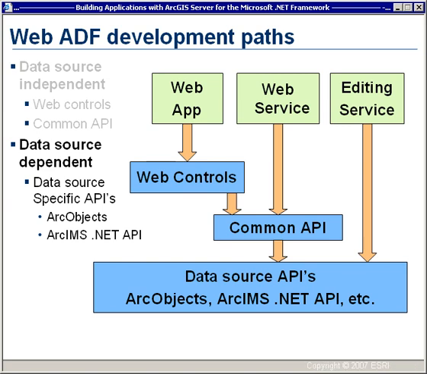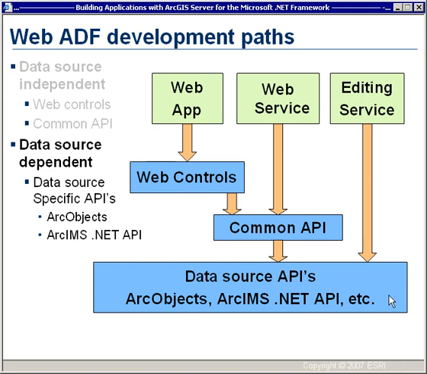The last example that I have here is an editing service. This editing service is going to work with a specific data source. So it's going to edit maybe SDE data or some file-based data, some specific data source. To do that, you'd have to work directly with the API for that data source.